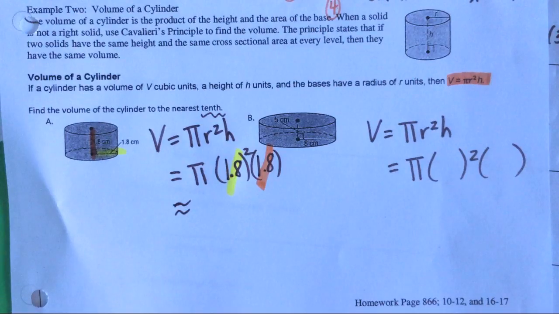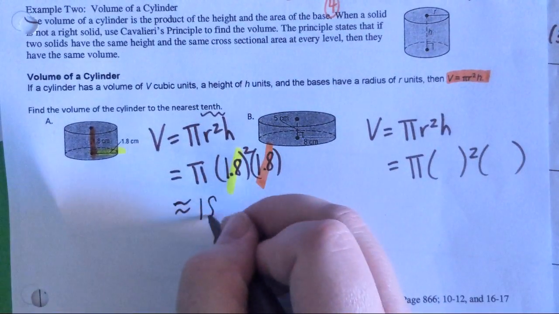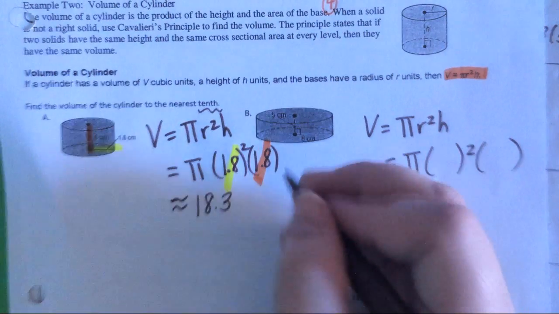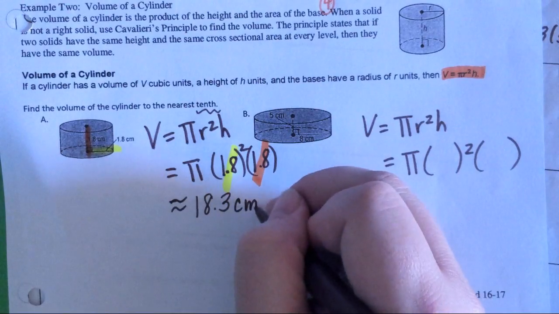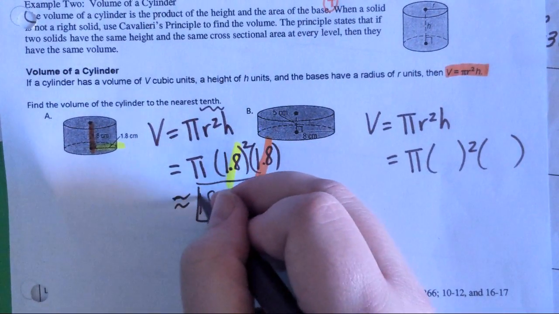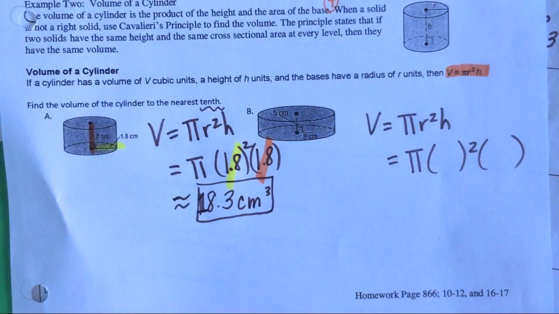I got 18.3. And again, if we've grown up to this point in life where we can read, it says tenth, that means 1 decimal place. So it's 18.3 centimeters cubed.